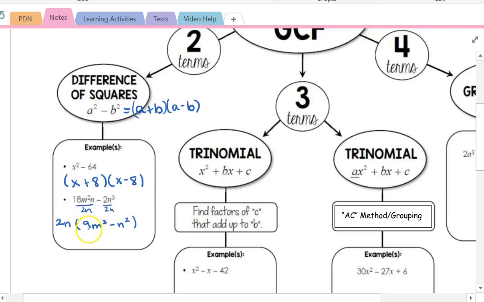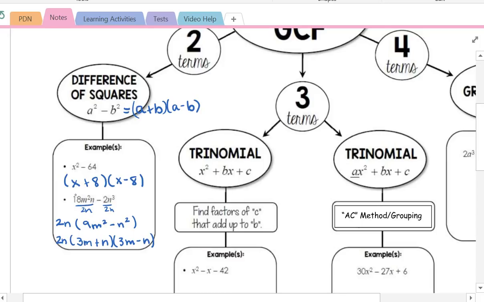Check for perfect squares. 9's perfect, m squared is perfect, n squared is perfect. So I have 2n out in front. Square root of 9 is 3. Square root of m squared is m. Square root of n squared is n. So I'm going to do 3m plus n and 3m minus n. Okay, that's a more complicated example, but it shows that you can still factor after you've factored out a GCF. So this first one had no GCF, the second one had a GCF.